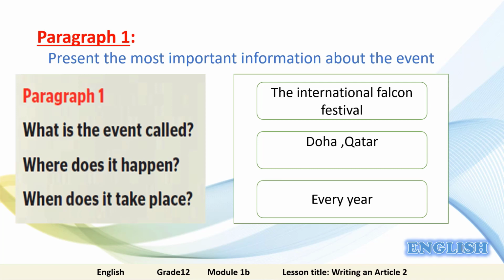Mind you, when you're planning an article, in your planner, you just write notes, not complete sentences. During writing, you will be using these notes into complete sentences. They are just here to organize your ideas.